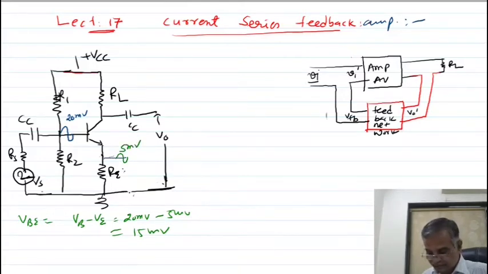Then the base emitter voltage is the base voltage minus the emitter voltage. 20 minus 5 millivolt is 15 millivolt, meaning the base emitter voltage decreases. This is called AC feedback. The effect of feedback is to reduce the input signal.